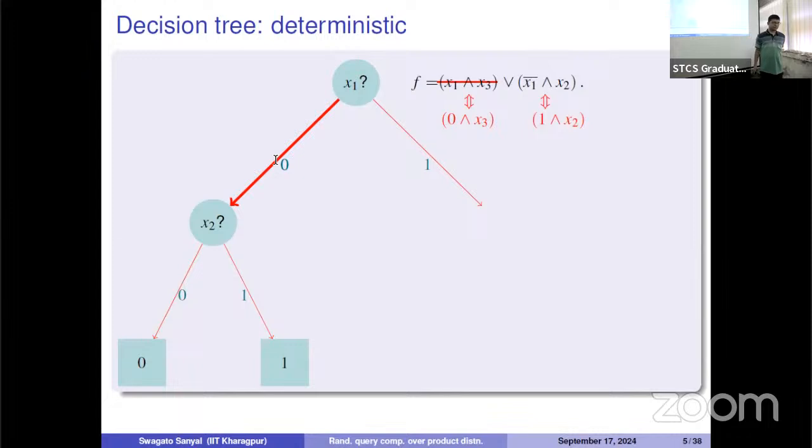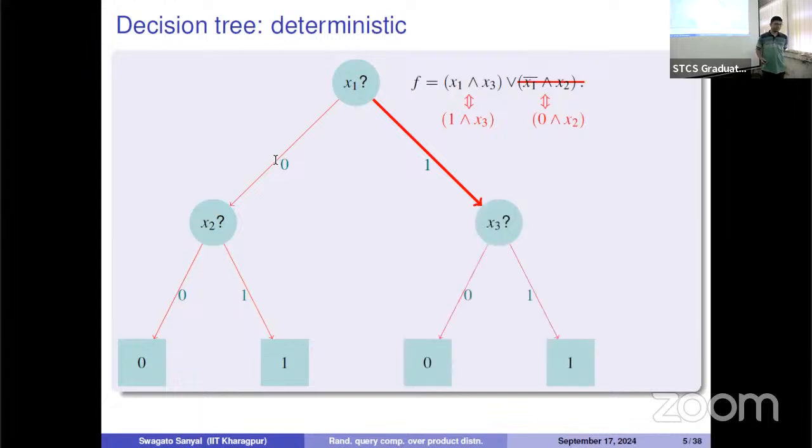And if, on the other hand, the value of x1 is 1, then the function simplifies to x3, and the algorithm asks for x3, and the value of x3 determines the value of f. So the variable that is queried at each step will potentially depend on the answers to the previous queries. So it's an adaptive computation.